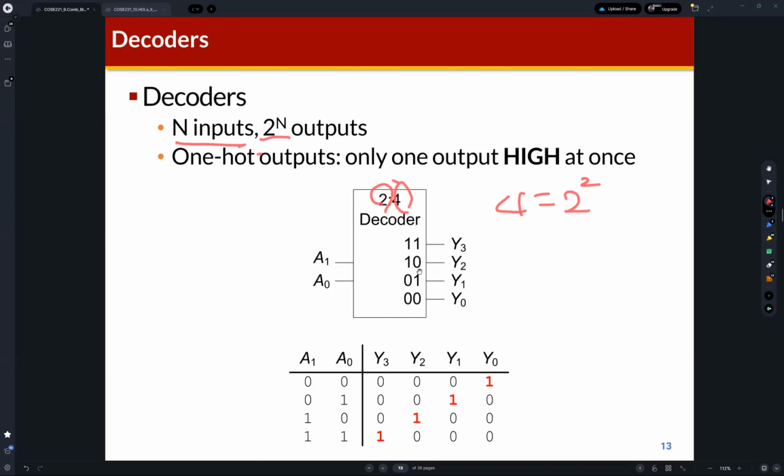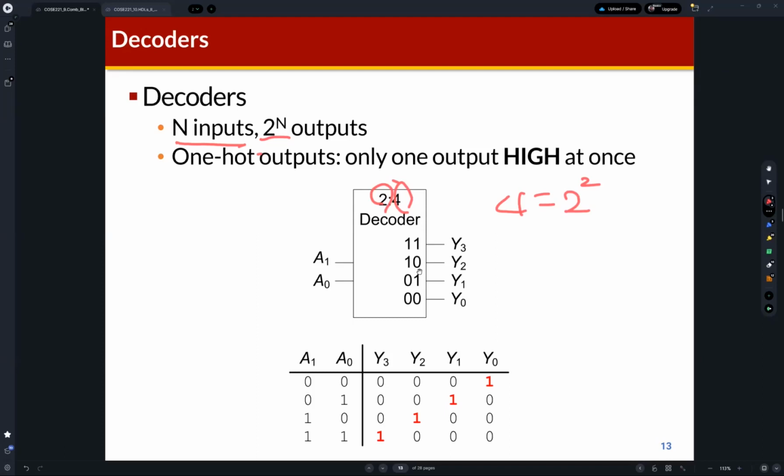How can we define the output of the decoder based on the input values? In this example, the decoder has 2 inputs, so we can have four possible values for the 2 input ports, from 0, 0 to 1, 1.